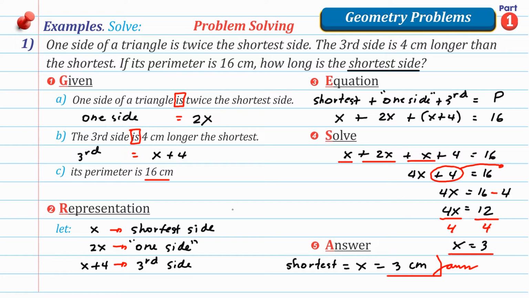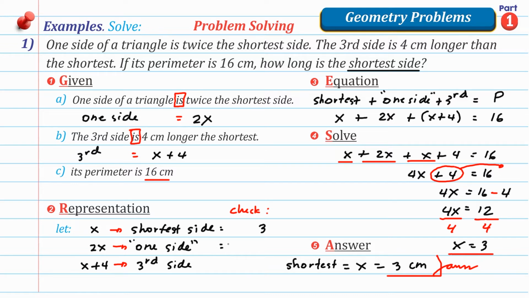Now, if you want to check, or what if we're asked for the other side? Of course, we already have the answer, 3 centimeters. Now, we know that the shortest side is equal to 3 centimeters. What if we're asked to get that one side there?